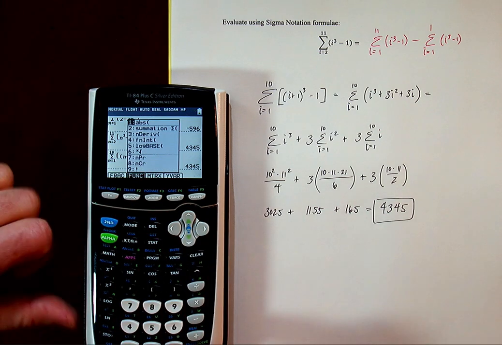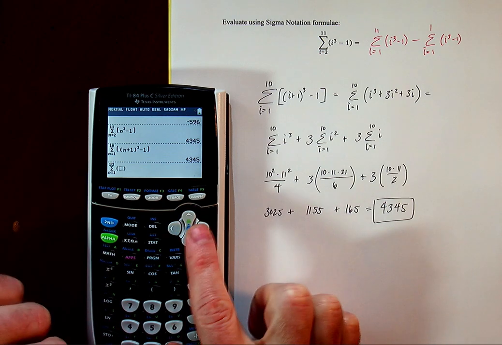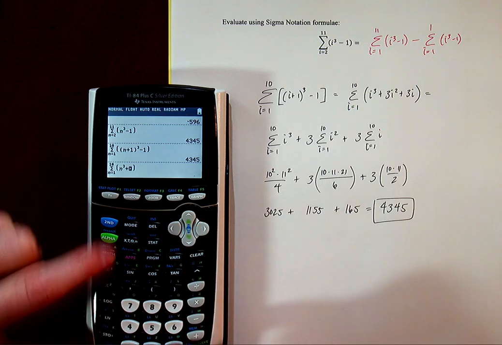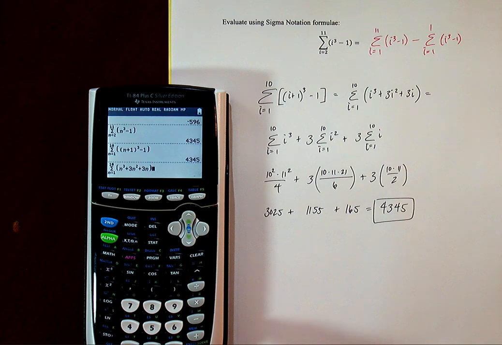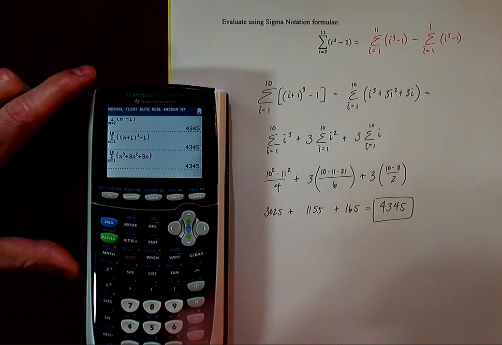And just for the sake of giggles, let's go ahead and do it 1 to 10. And it should be the same as that one, which represents this one right here. Boom. All 4,345. Now, like I said, I could have done it this way.